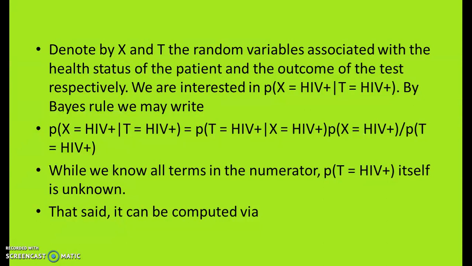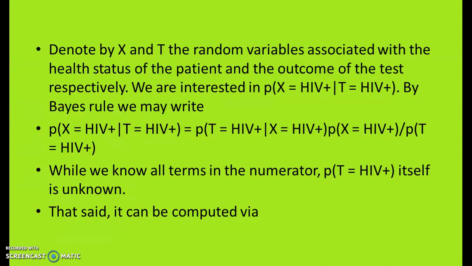Now by Bayes rule, we may write that P of X equals HIV positive given T equals HIV positive is equal to P of T equals HIV positive given X equals HIV positive, times P of X equals HIV positive, divided by P of T equals HIV positive.